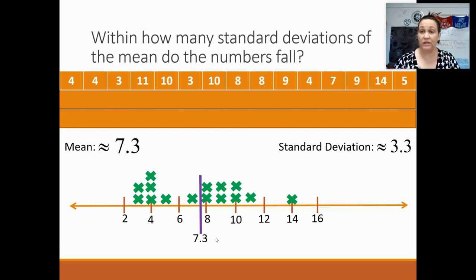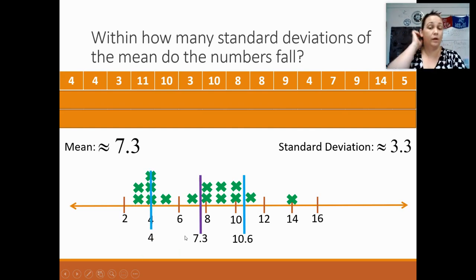That gets me to 10.6, which is somewhere between the 10 and the 11. Then I'll also go backwards 3.3, so 7.3 minus 3.3, because we're going to the left. That gave me 4, so I'm going to draw my other blue line right on the number 4.